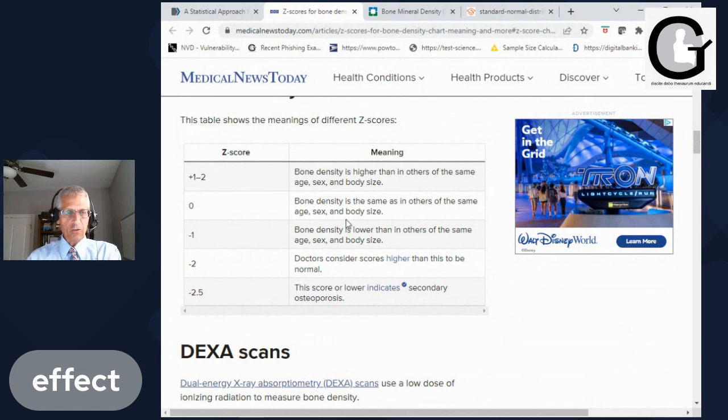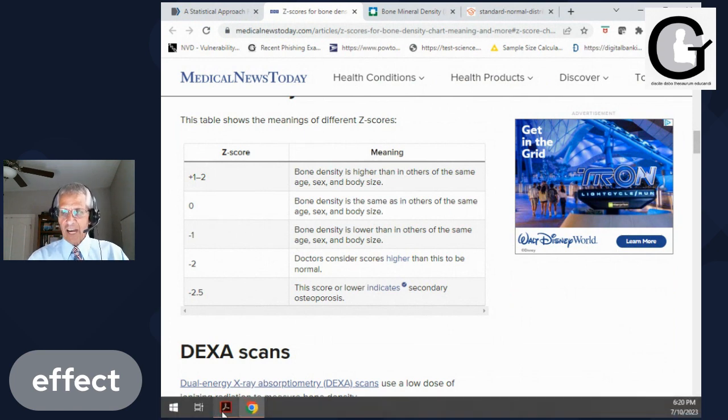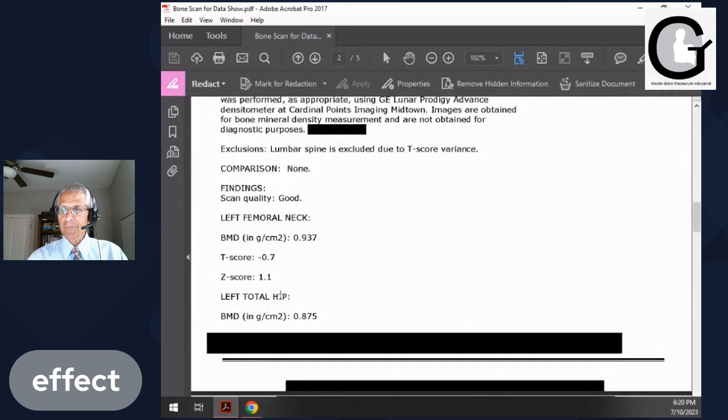Now, I'm going to tell you, interestingly enough, that the T scores are based on a standard age, whatever that may be, 30 years old, I think it is. The Z score is based on that specific age. Now, the age of this individual is more than 30 years old. So that's why the T score may not adapt well to that specific individual, but the Z score may be more so. So 1.1 is a good thing. Bone density is higher than others. So there's your Z score.